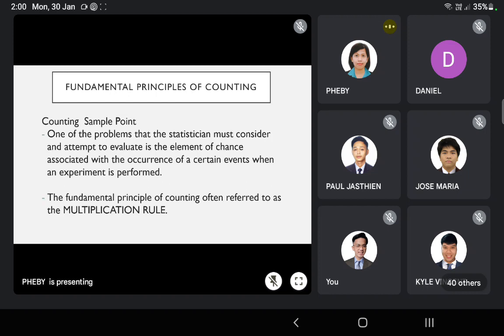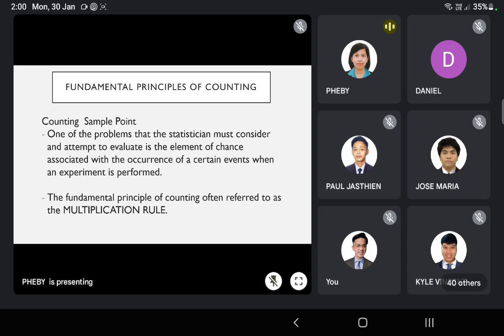Counting sample points: one of the problems that the statistician must consider and attempt to evaluate is the element of chance associated with the occurrence of certain events when the experiment is performed.